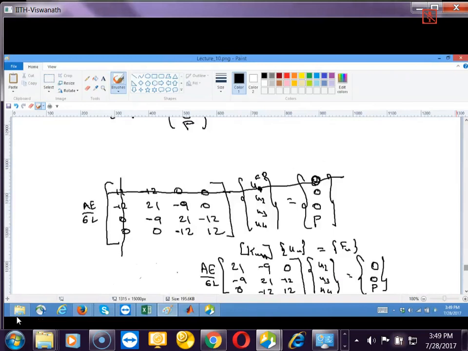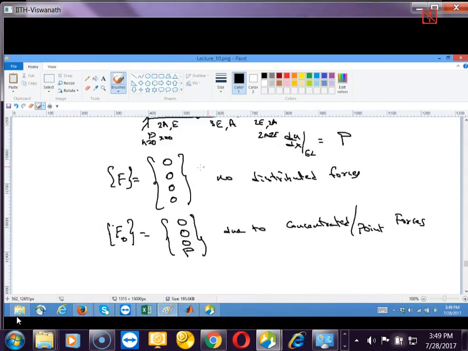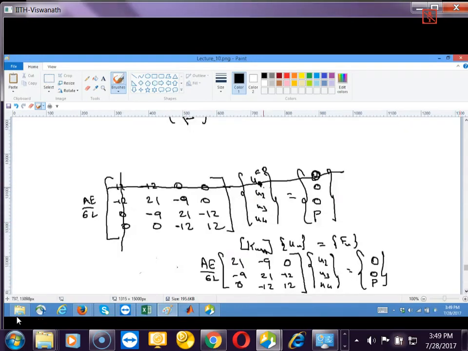Okay. So let us again review it from this place. There are no distributed forces, so F is equal to 0, and concentrated forces are only 0, 0, 0, and P. Then this is our global stiffness matrix, and these are all our degrees of freedom. But we already know, substituting the displacement boundary condition, that u1 is equal to 0, so I will eliminate the entire row and column.